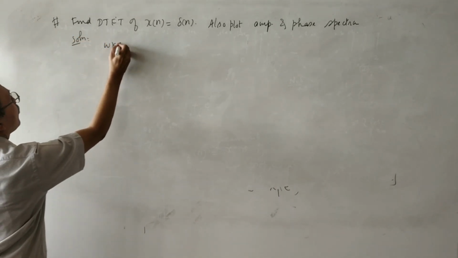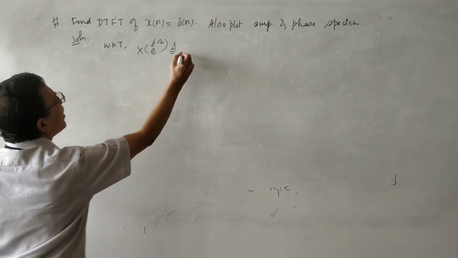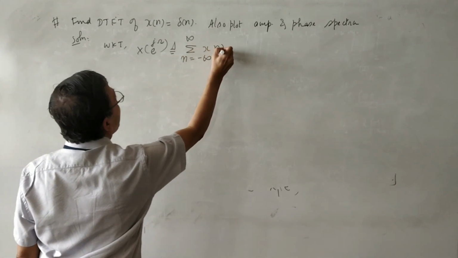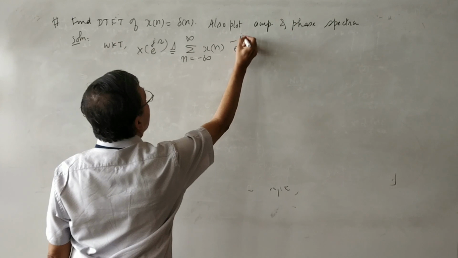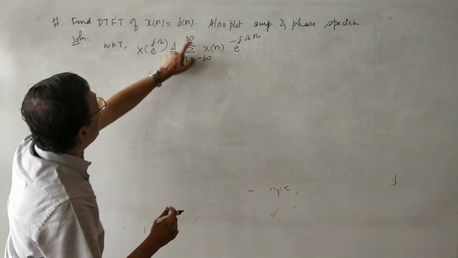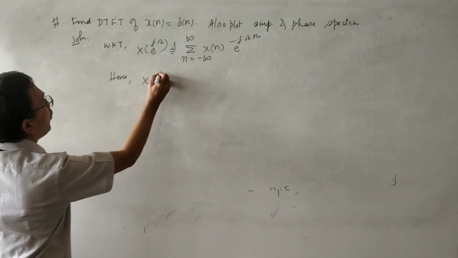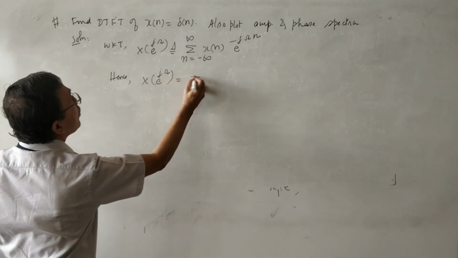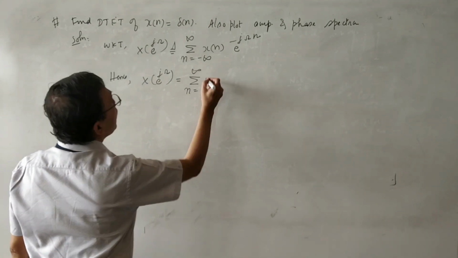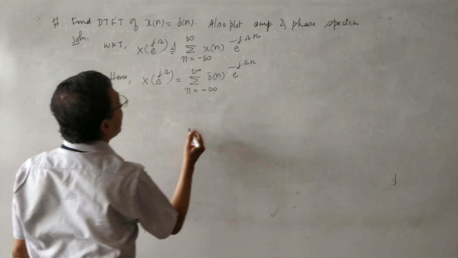We know that x of e power j omega by definition is summation n equals minus infinity to plus infinity x of n into e to the power minus j omega n. In this context, what is x of n? Delta of n. Hence, x of e power j omega is equal to summation n equals minus infinity to plus infinity delta of n into e to the power minus j omega n.